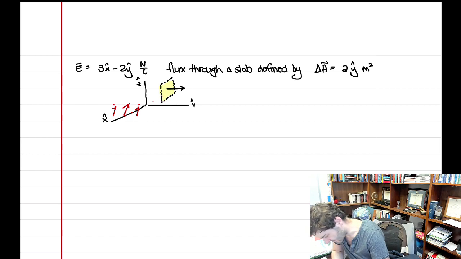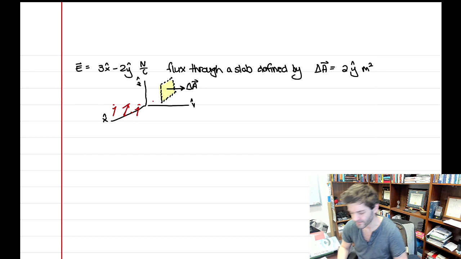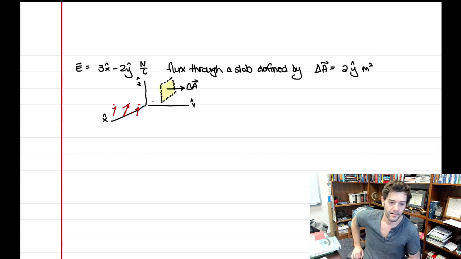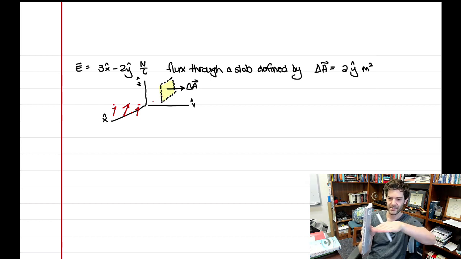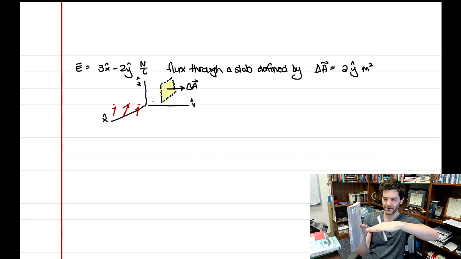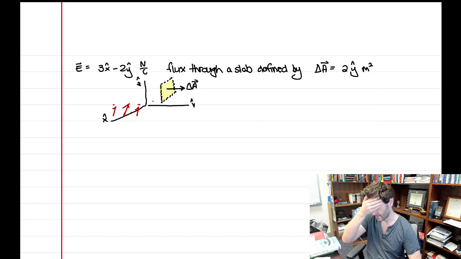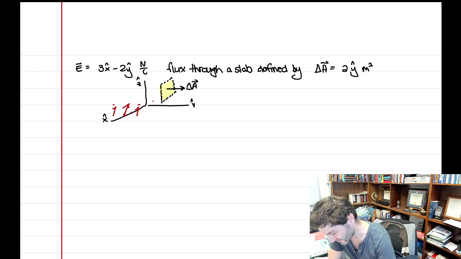So this is the setup, a little hard to draw by hand. In this case, you have some area that's in the y direction, and then you have some electric field that has a component in the y direction and a component in the x direction. That is then going through that surface.